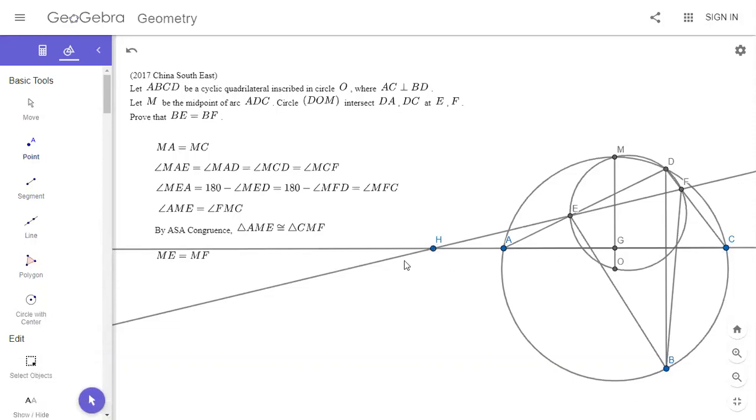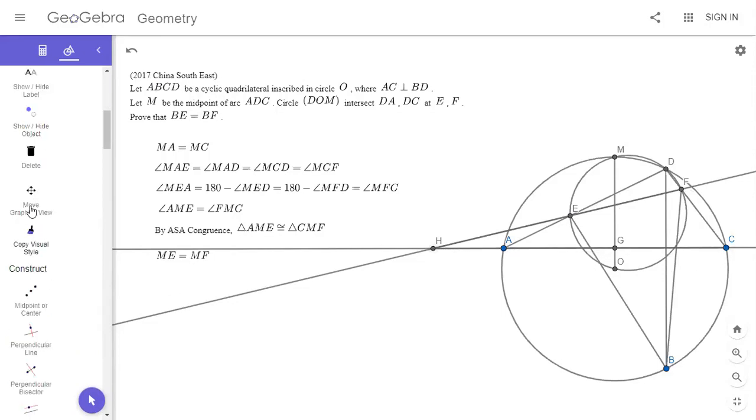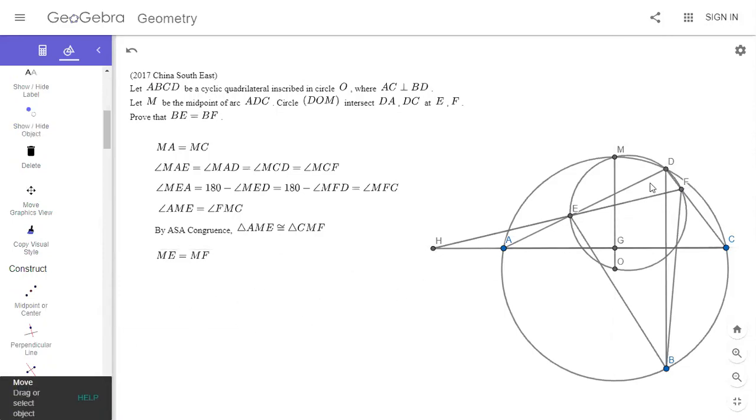So I'm going to let EF meet AC at a point H. There we go. So basically, I'm claiming if we can show angle FHC is equal to angle BMO, then that should solve the problem.